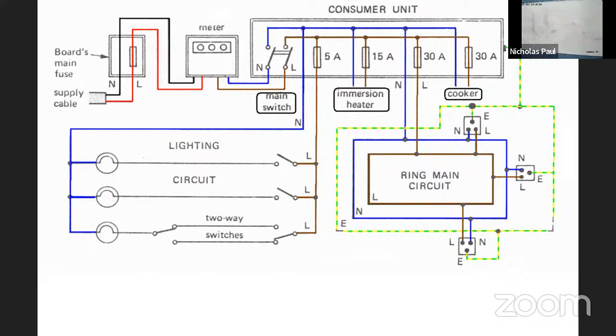Most homes have electromagnetic breakers, EM breakers, that are used to control the amount of current in a particular part of the circuit.